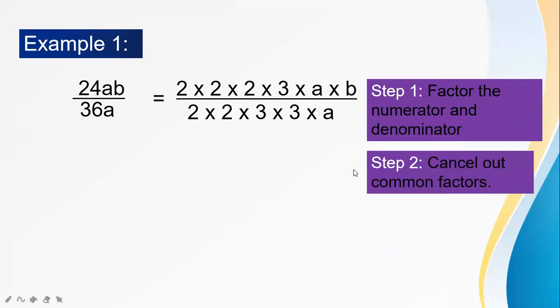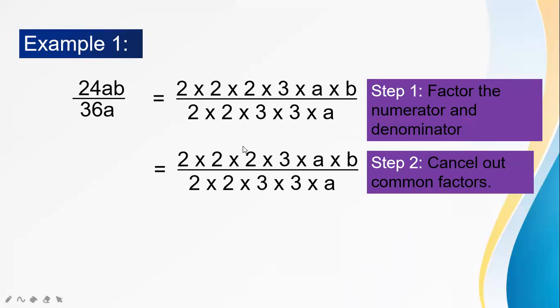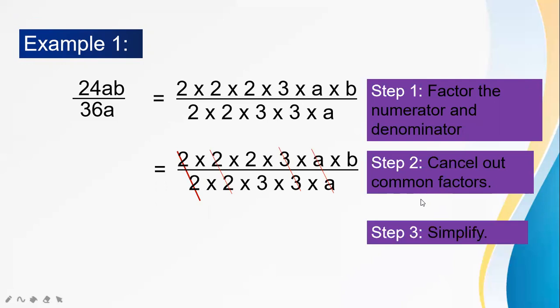After that, we have step 2, you cancel out the common factors. So cancel out 2, then cancel out, and then cancel out. In step 3, we simplify. This will be the remaining factors of the numerator, we have 2 and b. The remaining factor of the denominator is only 3.